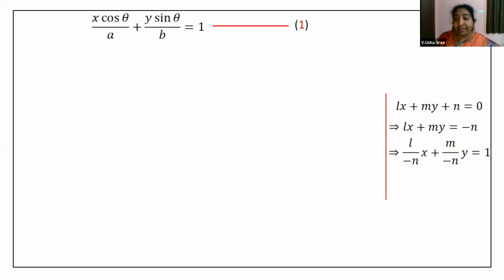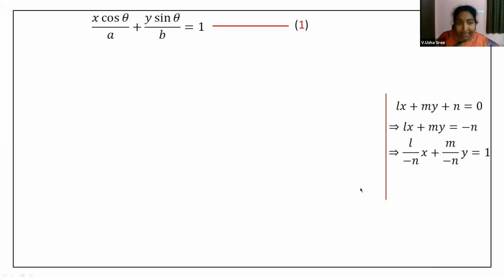Then we will have it as L by minus n into x plus m by minus n into y is equal to 1. Now, why did I make this right hand side as 1? Because when you compare this with equation 1, equation 1 has got 1 on the right hand side. So it will be very comfortable for us to compare when we have right hand sides to be equal.